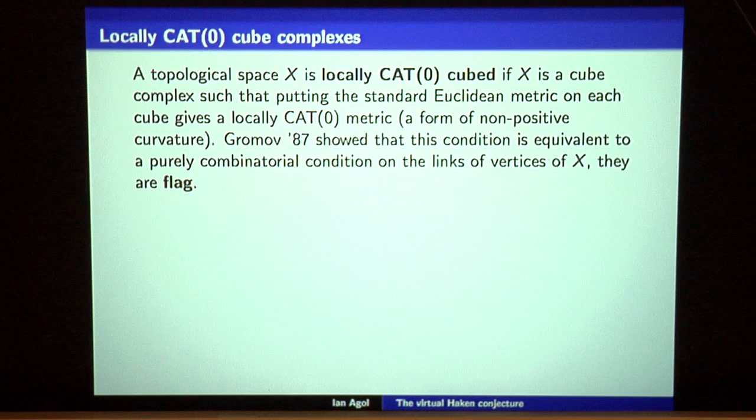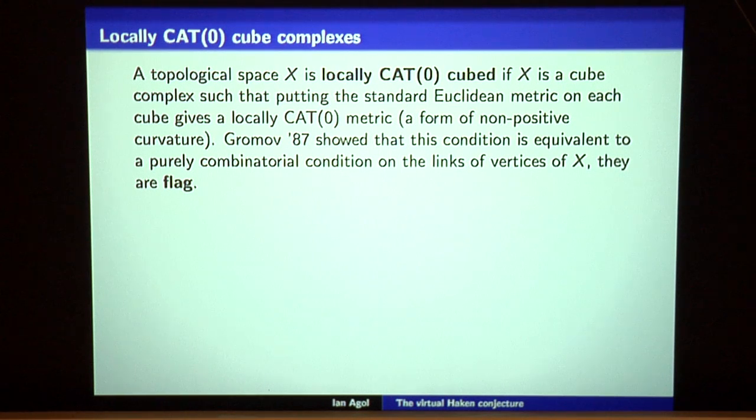So, what Gromov realized in the same paper on hyperbolic groups in '87 is that this non-positive curvature condition is equivalent to a purely combinatorial condition on the links of the vertices of the cube complex. And these are, the links of the vertices are flag complexes, flag simplicial complexes.